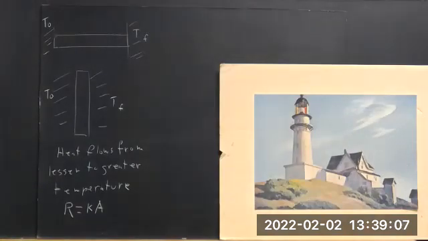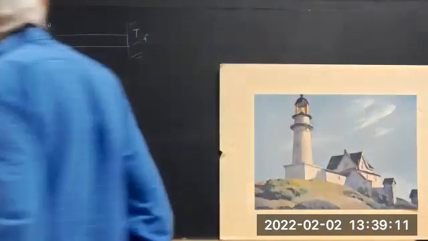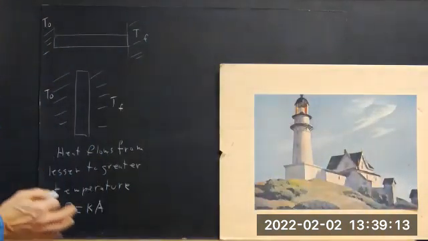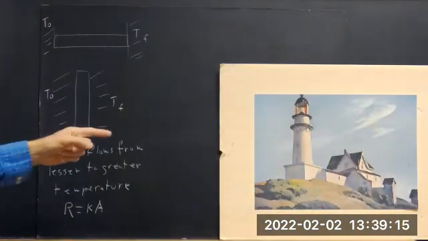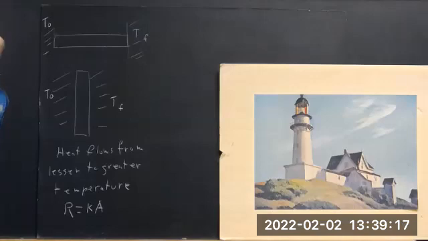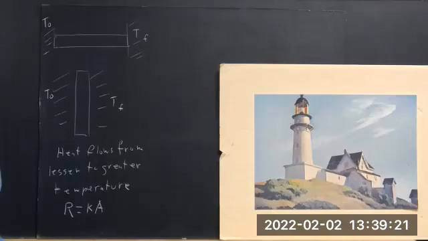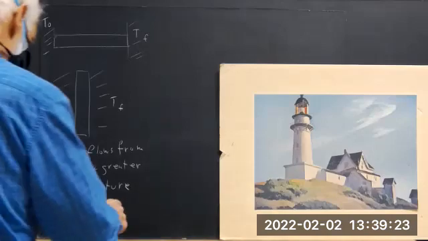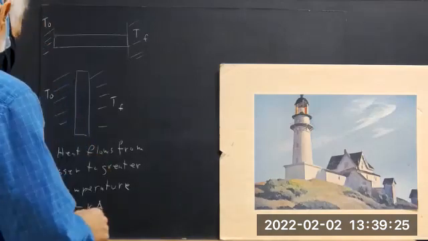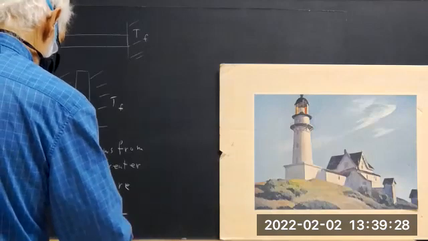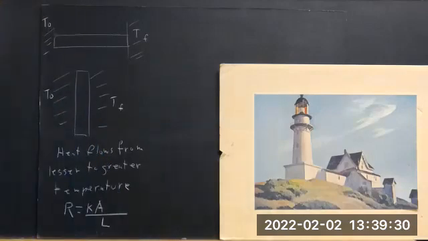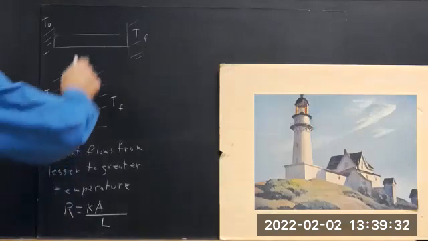What happens in terms of the length? If you increase the length, is that going to increase the heat flow or decrease the heat flow? Or if you increase the thickness of the wall? Intuitively, that's going to decrease the heat flow. Okay, well, we're going to divide by the length, where this is the length.